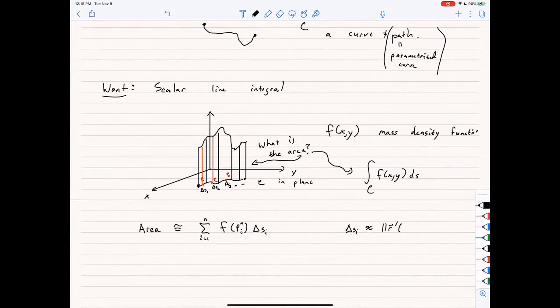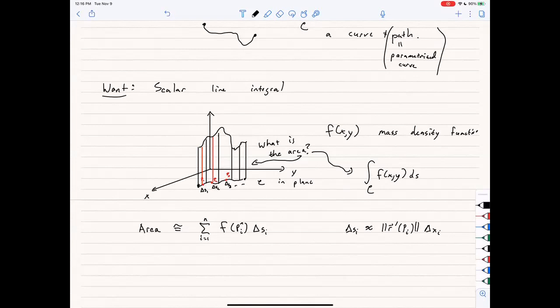Let's take the derivative of that parametrization, maybe at t_i, and then multiply by del t.